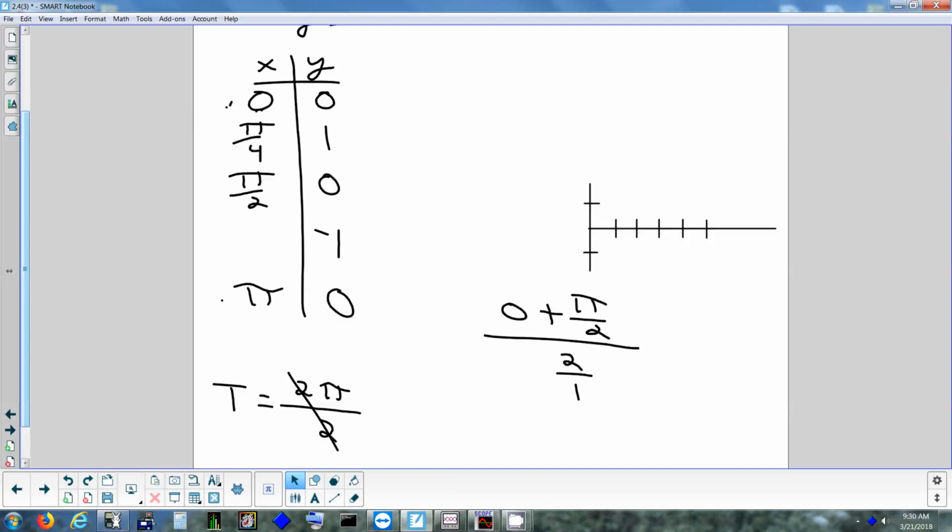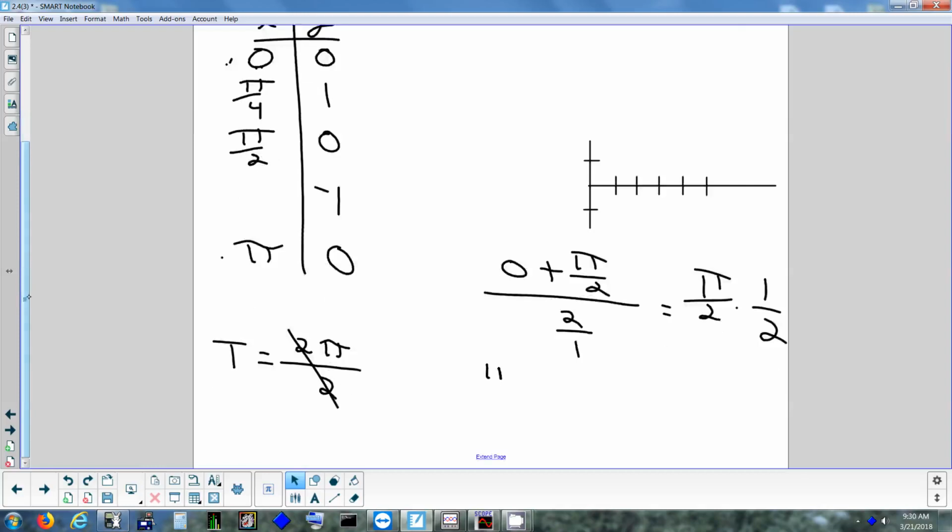This is the kind of situation that Cassandra told us about earlier. You're dividing a fraction by a fraction. Flip and multiply, straight across. Pi times 1, 2 times 2. Okay, middle one done.